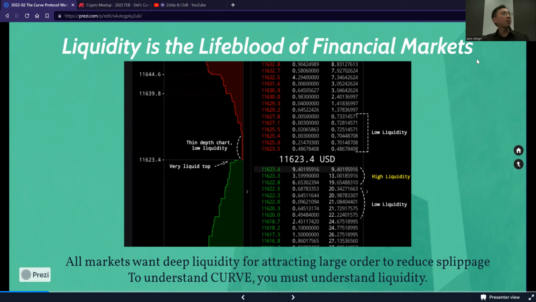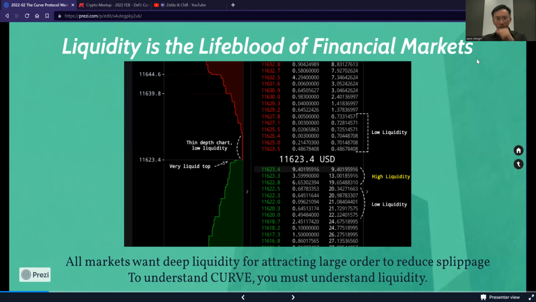You need liquidity, which is basically buyers and sellers, to be able to buy and sell whatever asset. Could be stocks, could be commodities, or anything, pretty much. eBay needs liquidity, right? You need buyers and sellers to buy and sell stuff. Once you understand this, then Curve makes a little more sense, okay?